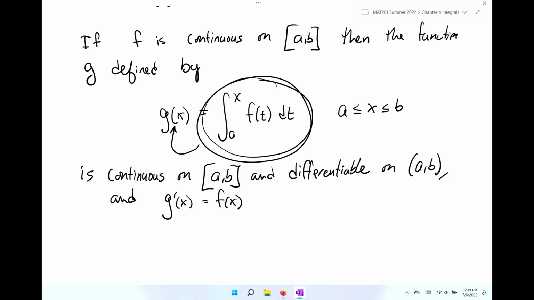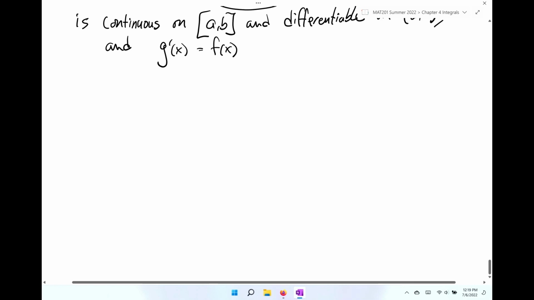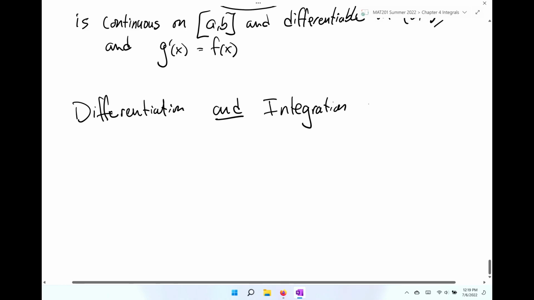All right? Which means differentiation and integration are inverse processes.